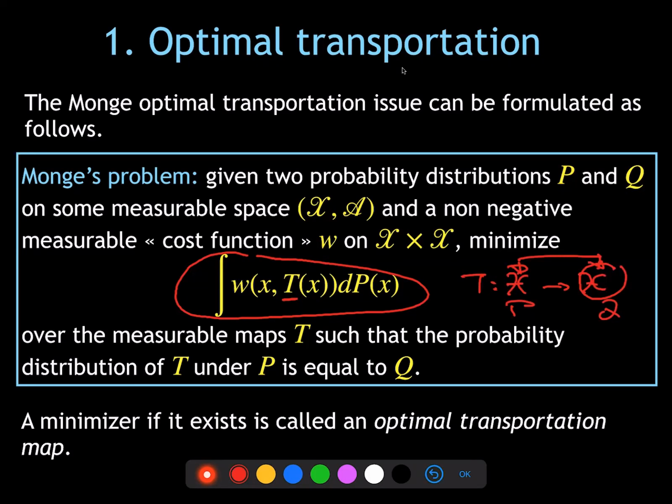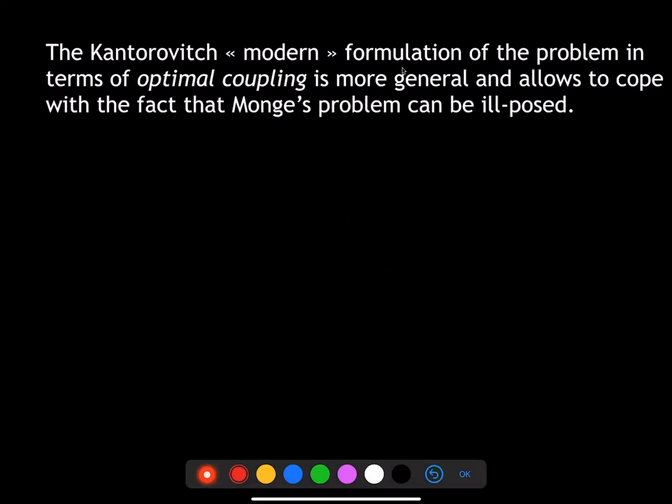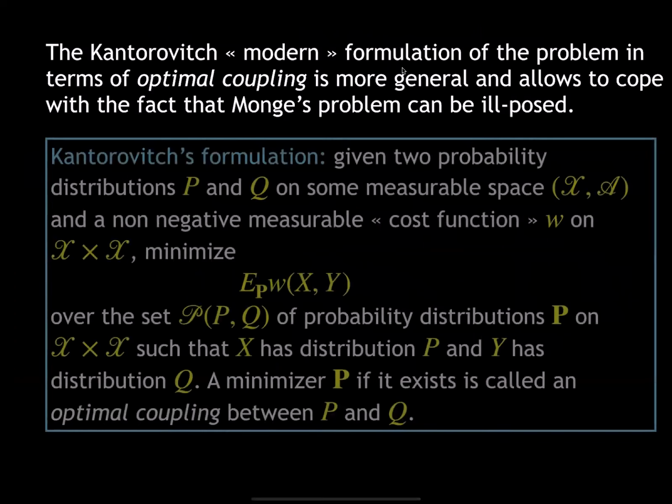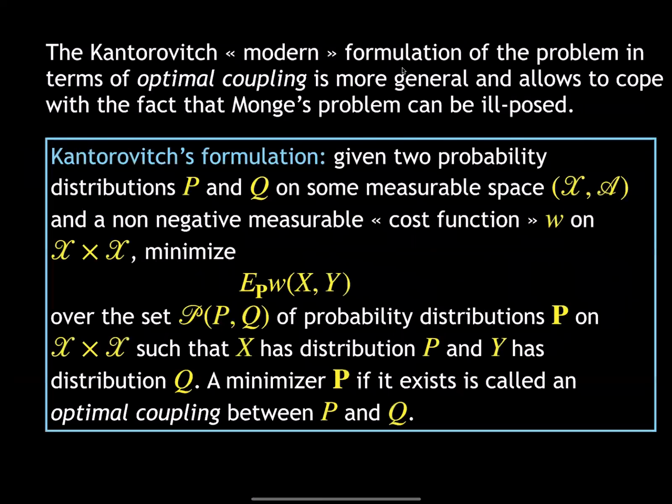The Monge formulation has a defect, which is that such a map does not necessarily exist, but nevertheless you want to relate P and Q. So there is another formulation of the problem, which is the modern formulation, and this is the one that we shall use. This formulation is due to Kantorovich. It's an extension of the preceding framework, and it's formulated in terms of coupling.